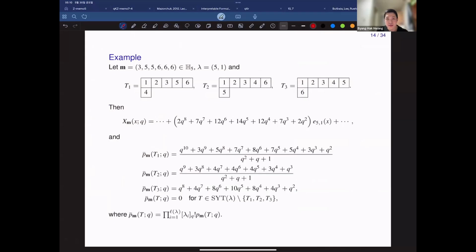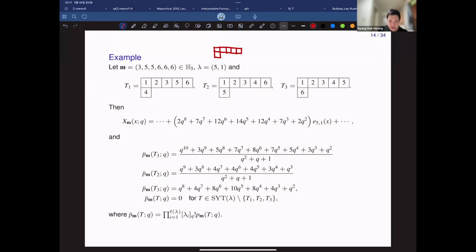Let's see an example. Let m equal 355666, and let lambda equal the partition 551, and we have this Young diagram, and let T1, T2, T3 be such standard Young tableaux.